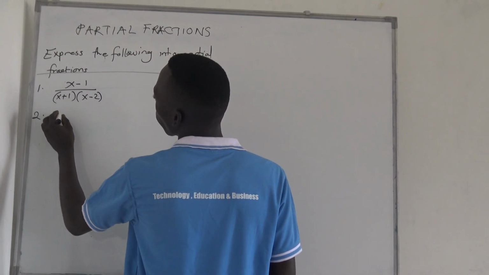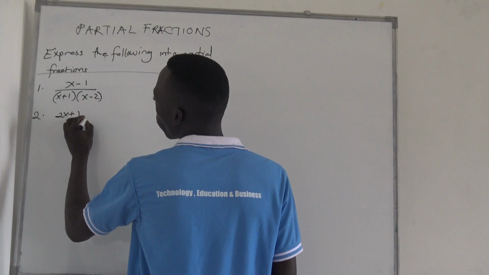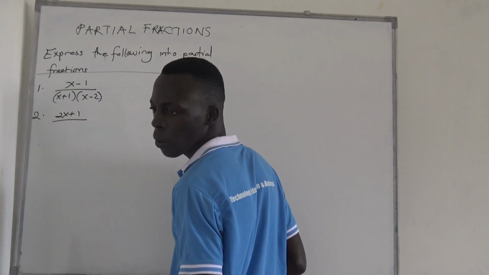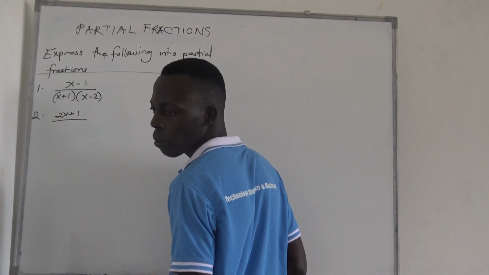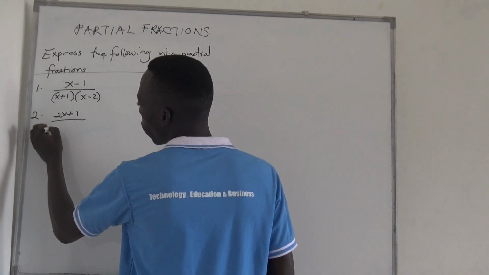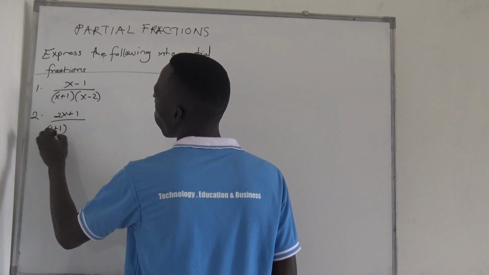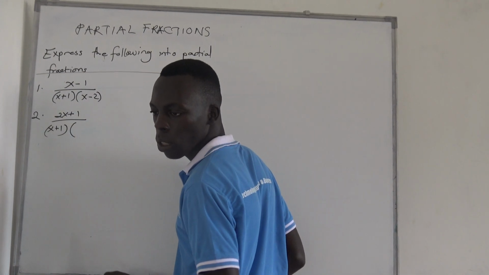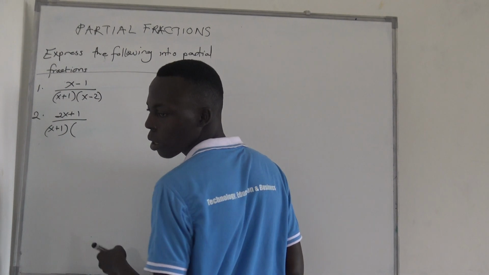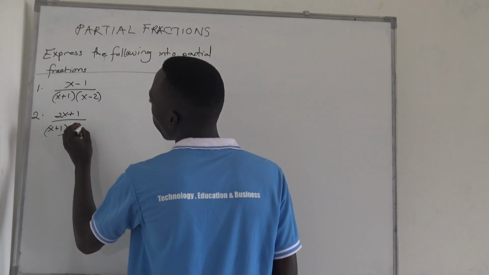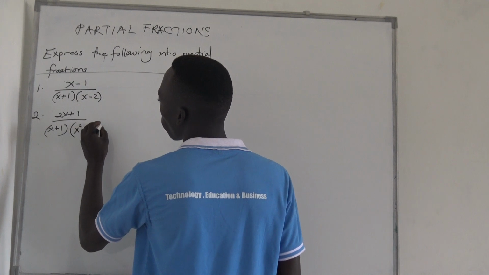Number 2 is 2x plus 1 over x plus 1 times x squared plus 7x plus 2.